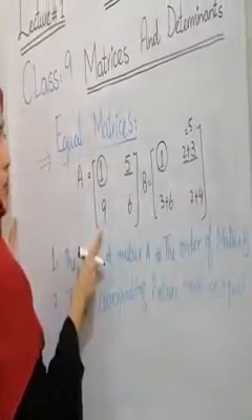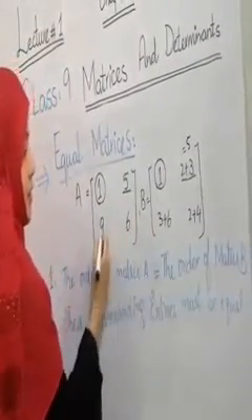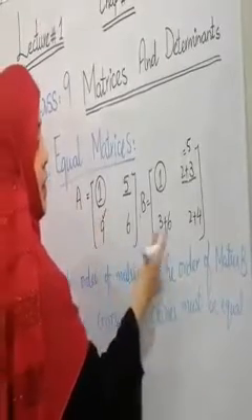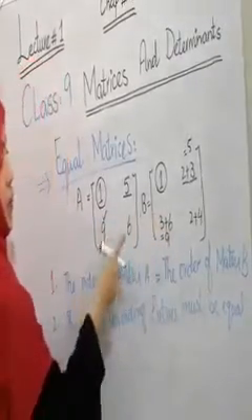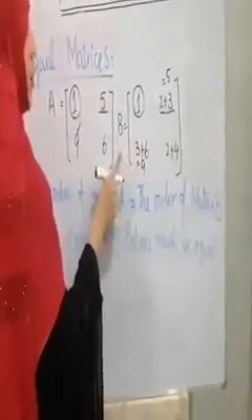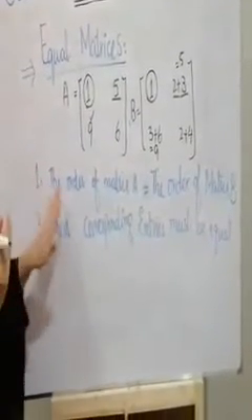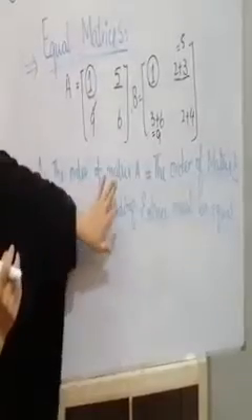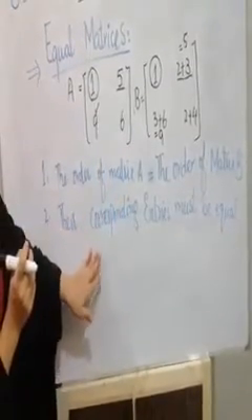The third value of the first matrix must be equal to the third value of the second matrix: 9. 6 plus 3 is also equal to 9. The fourth value must be equal to the fourth value of the second matrix. So these are the corresponding entries. So there are two conditions: the order of matrix A must be equal to the order of matrix B, and their corresponding entries must be equal.